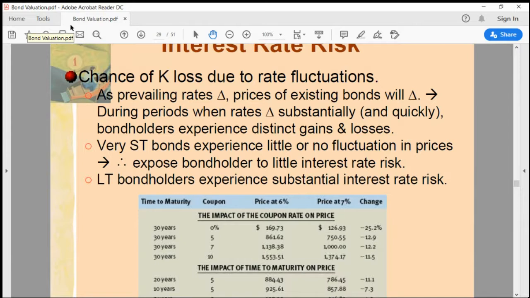So you get a pretty good sense of where the interest rate will be going.